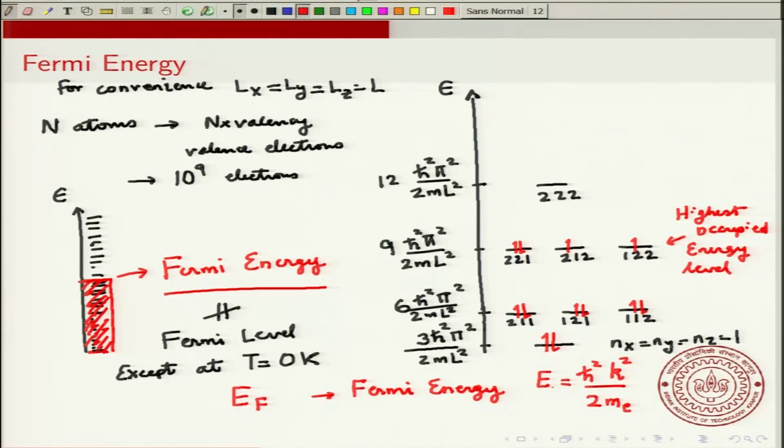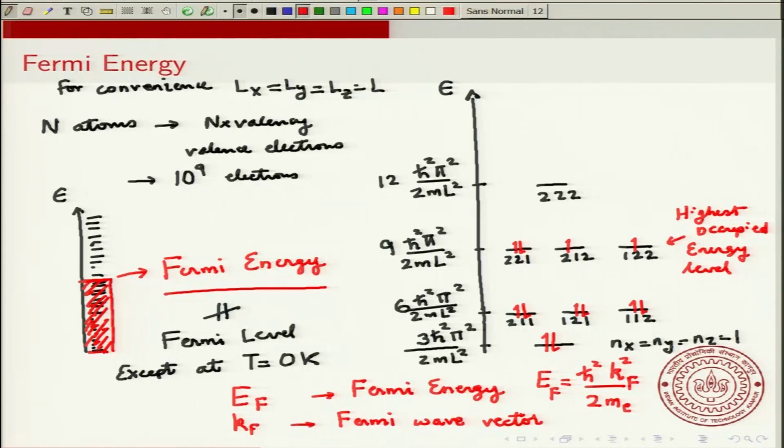Then the Fermi energy has a wave vector corresponding to it, that is called kF, the Fermi wave vector. So these are two concepts that we will be using a lot, and we will be considering the case where we don't have this free electron model.